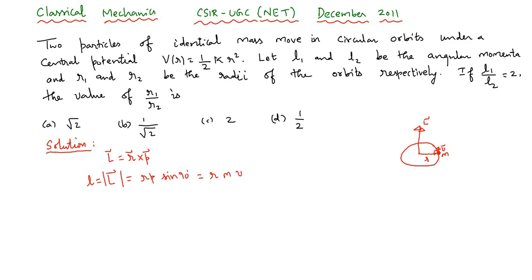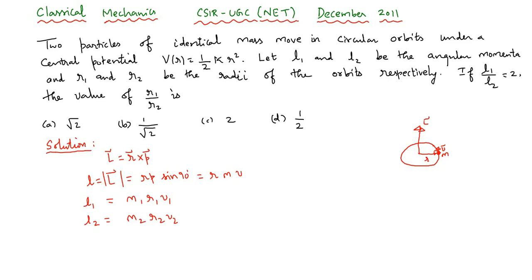Therefore, let L1 be written as m1 r1 v1, and L2 as m2 r2 v2, and we can substitute the values of v1 and v2 in terms of the angular velocity omega.